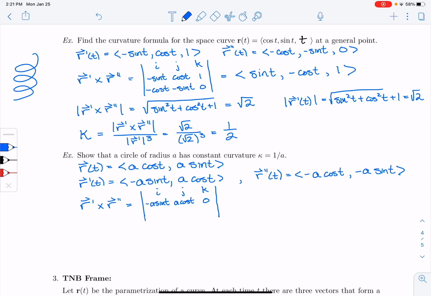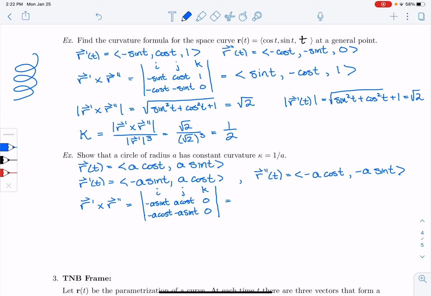And then negative a cosine t, negative a sine t, and 0. And so if we do that cross product, there in fact is not going to be an i or a j component. In fact, there's only going to be a k component for this cross product.